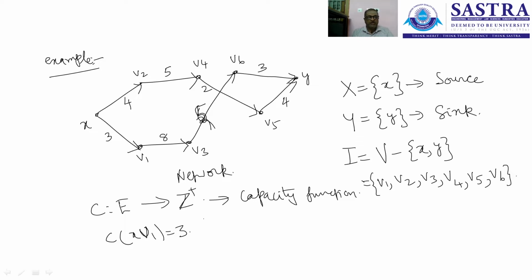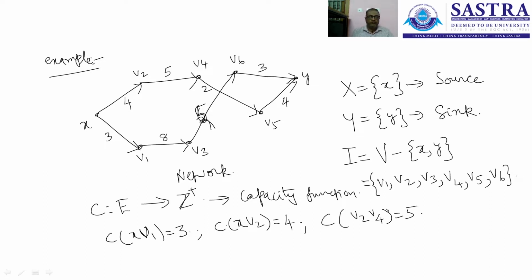Similarly, C of X V2 is 4, that is, I can push 4 units from X to V2. And C of V2 V4 is 5. The capacity of the arc V2, V4 is 5.